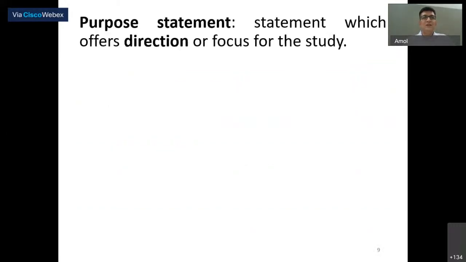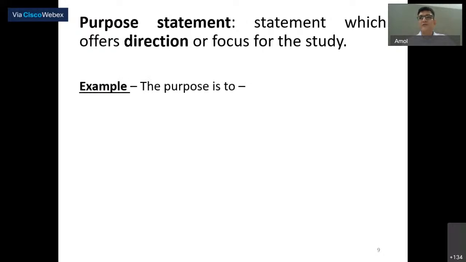Now, the next thing, the purpose statement, which is a little narrower than your problem. Problem is very broad. But then within that broad problem, we have to identify the purpose, which offers the direction or the focus of the study. It is further refined, more tailored for measurement.